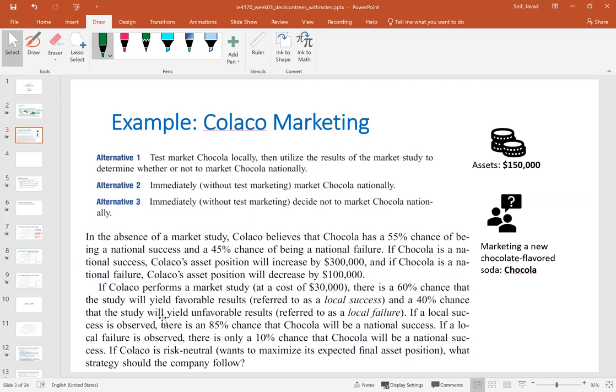Alternative two, immediately market it nationally. Alternative three, immediately decide not to market it at all. So these are my three main options. Each one has a different cost associated with it. So I'm going to take those costs out, and I want to put everything that's given to me on a decision tree.